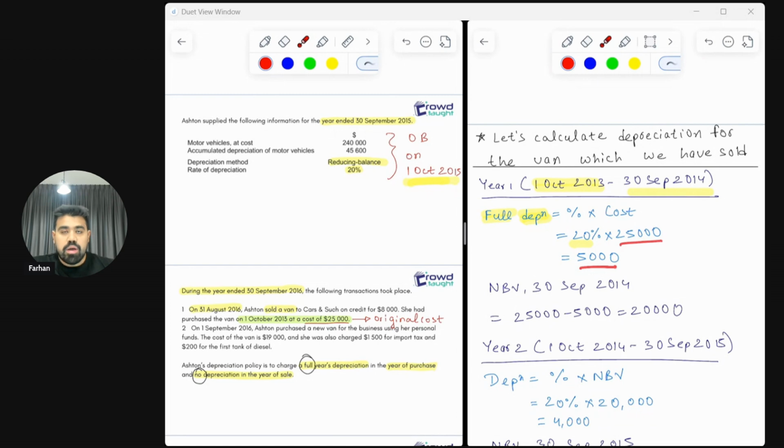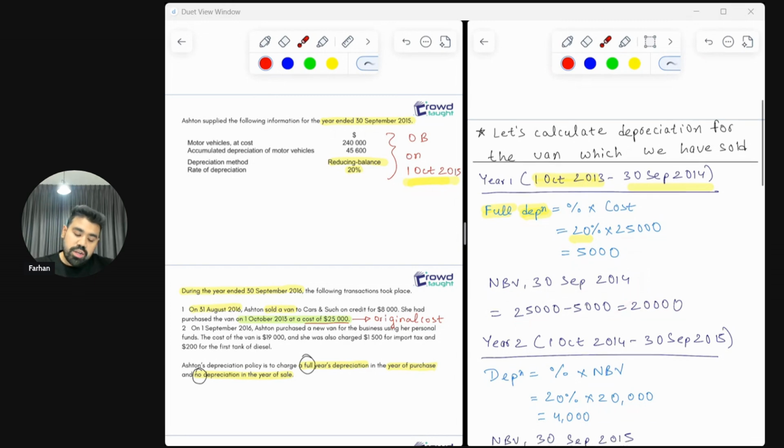Always remember to calculate the net book value under the reducing balance method. So the net book value at the end of year one, which is at 30 September 2014, is the difference between the cost and the total depreciation we had at that point in time. The cost is $25,000, and the only depreciation we had in year one was the $5,000 which we had calculated, which gives us a net book value of $20,000.